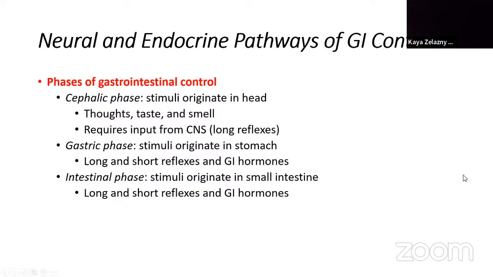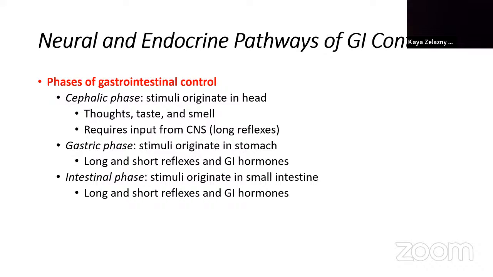So when we talk about GI control, we're fundamentally talking about 2 things. We're thinking about when we are producing the various enzymes that we need for digestion, and also how we are moving the physical contents of the food we're eating.